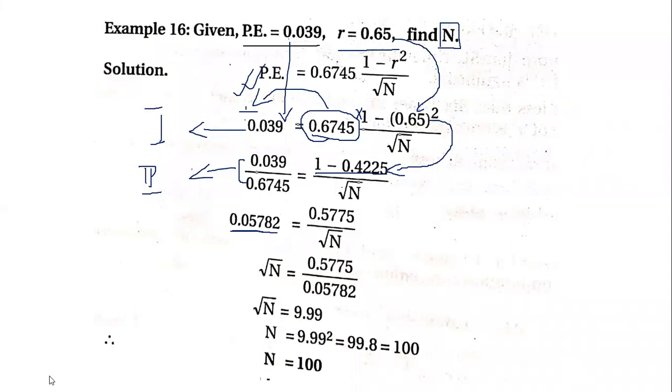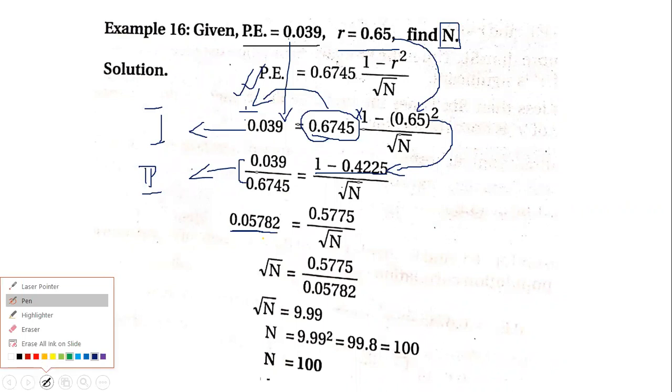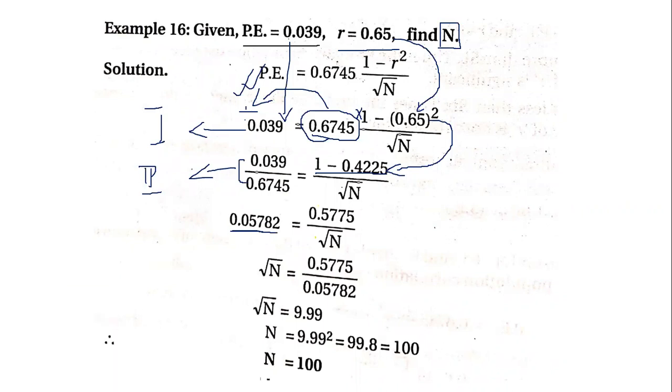Now, the next step, what we are supposed to do is, I'm just interchanging the places. I'm going to take the square root of N, which was in the denominator here, onto the other side. It will go up to the other side here. And this value of 0.05782 is going to come down as the denominator.